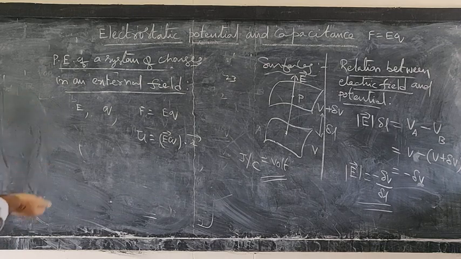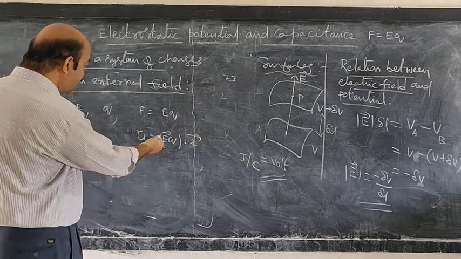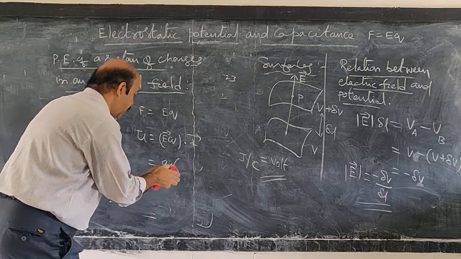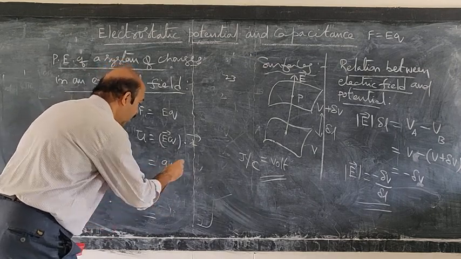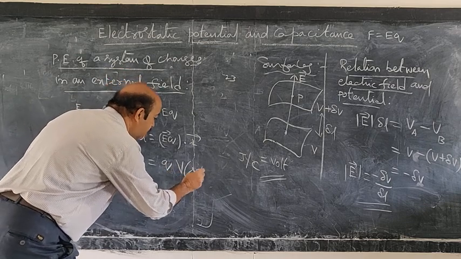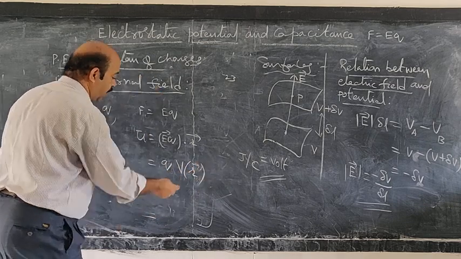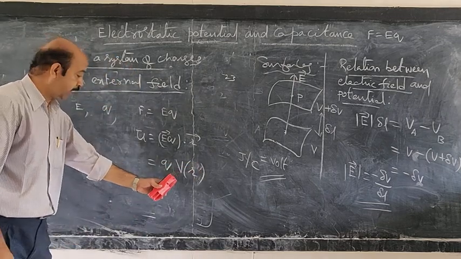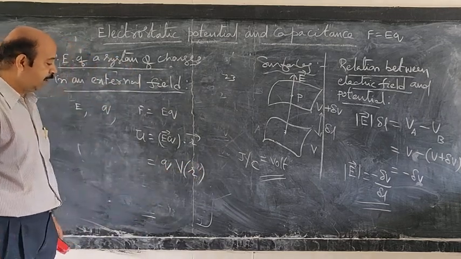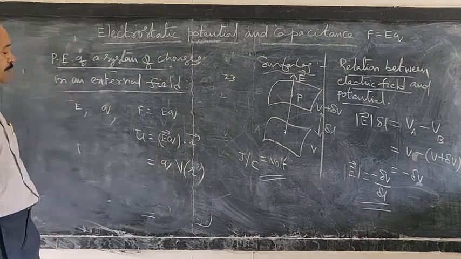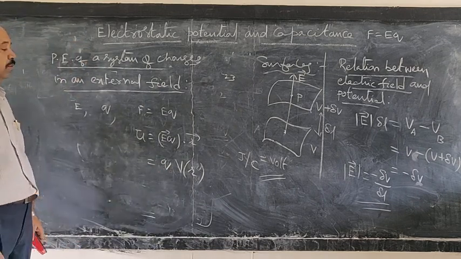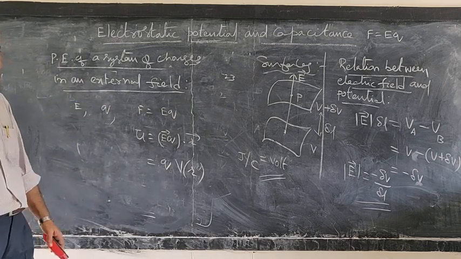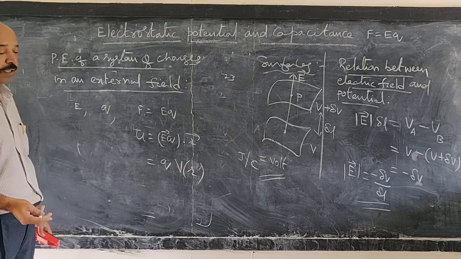See here, this can also be written as Q into the potential of the electric field at the position R. So at this position R, if the potential of the electric field is say some V, then the product gives the potential energy due to a charge kept in an electric field at an arbitrary position R from the origin.